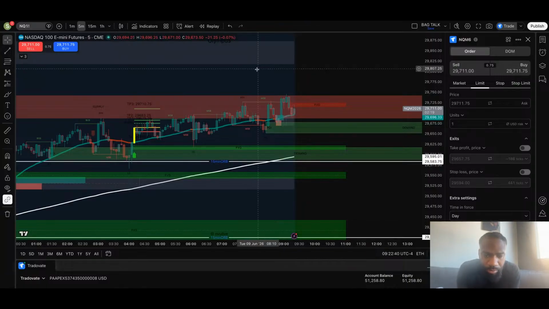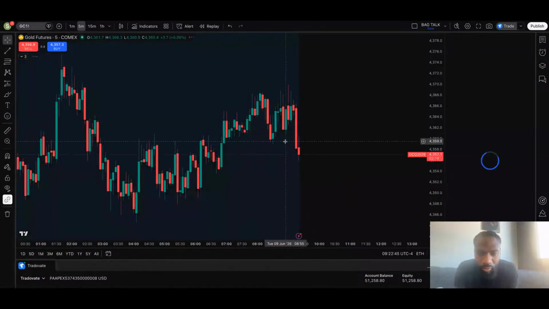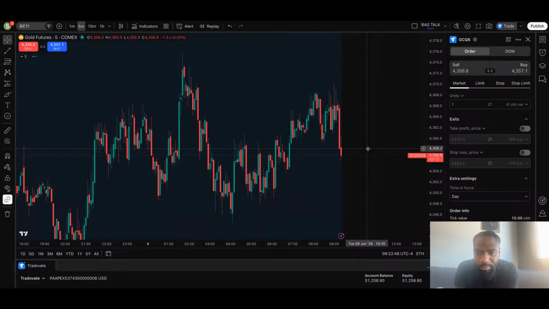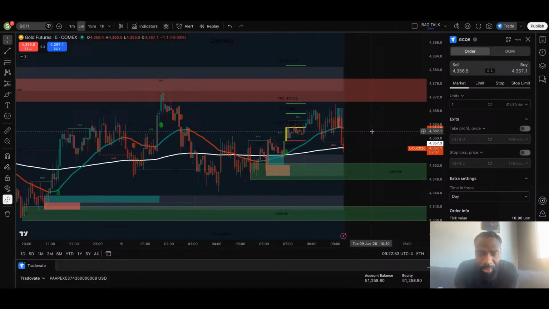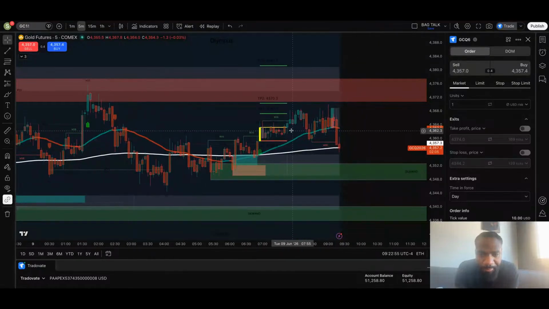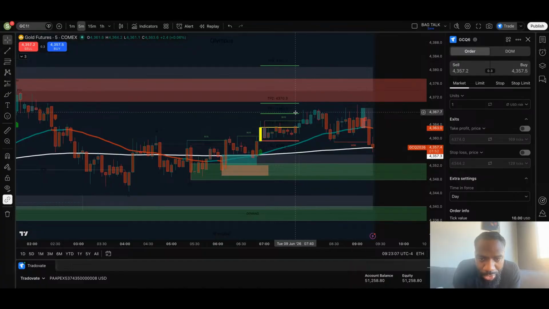I'm gonna try gold. They call it a gold trade at 6, basically 7. Hit TP1. Hit TP2. Oh, no, yeah, hit TP1 before reversing.